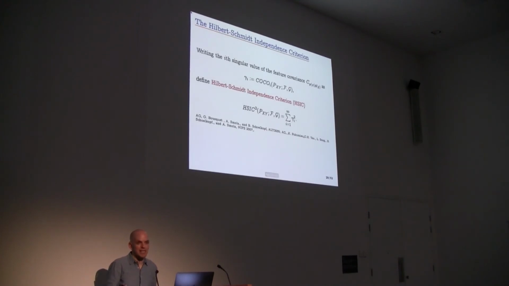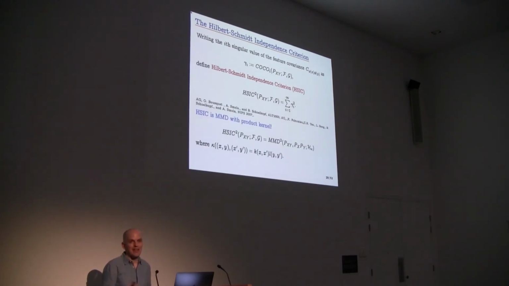So how might we summarize this? One way to do it would be just to take the sum of the squared singular values, which is basically the Hilbert-Schmidt norm of this infinity by infinity feature covariance. If we do that, it turns out this is exactly the quantity that we started this section with, which is the maximum mean discrepancy between the joint and product of the marginals using the product kernel.